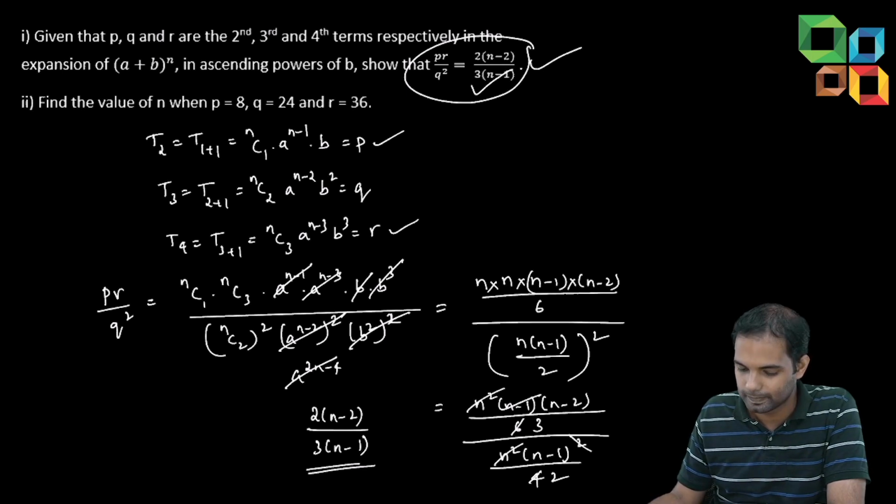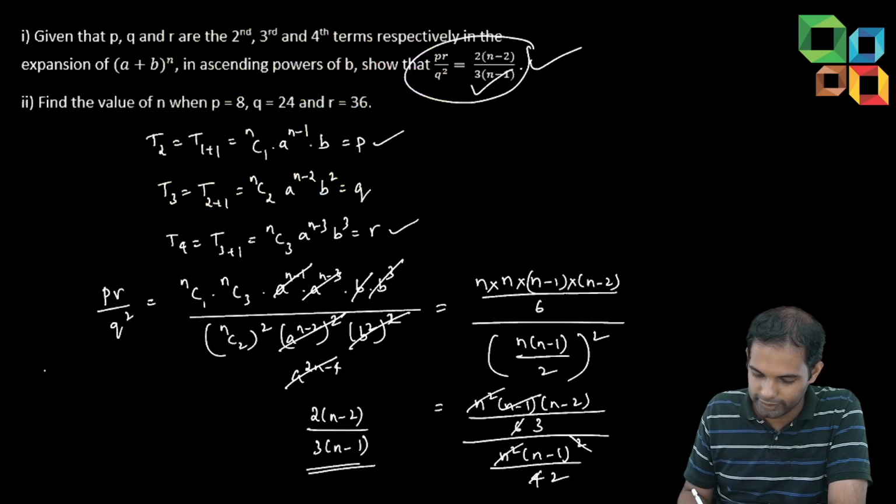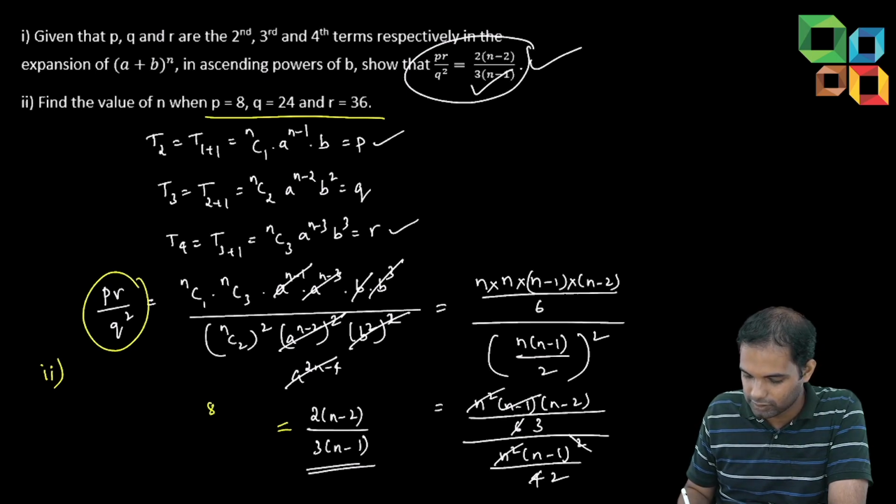That's the final answer. Now, for the second subpart, all we have to do is substitute, because the values are given. We are given P, Q, and R. Find the value of n. For this, we'll directly equate P, Q, and R. P is what? 8. And Q is 24, so 24 square. And this is 36. Let me try to simplify here. 24 square is 24 into 24.